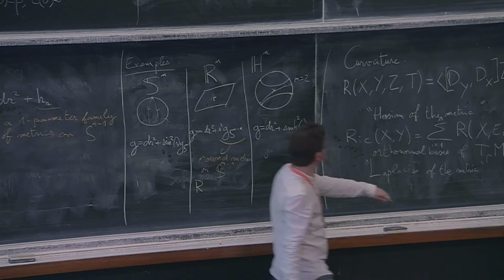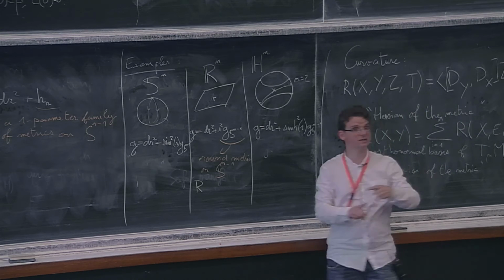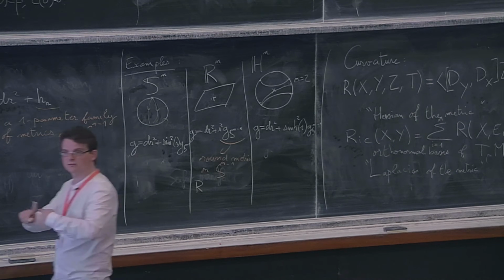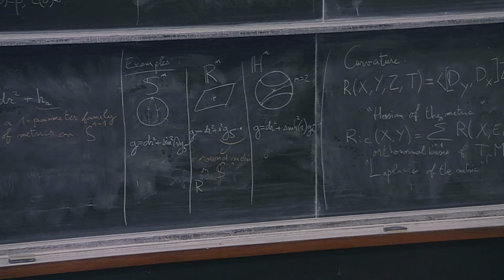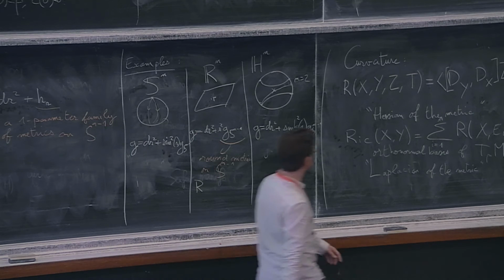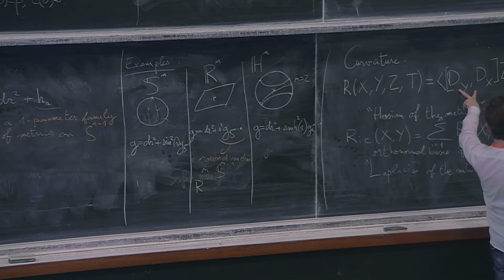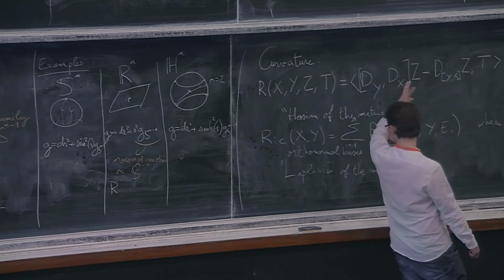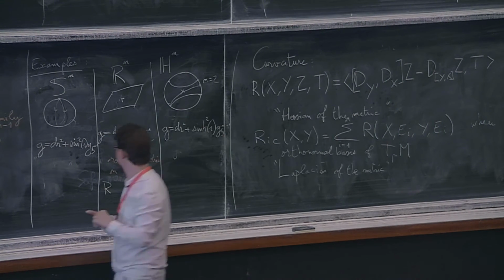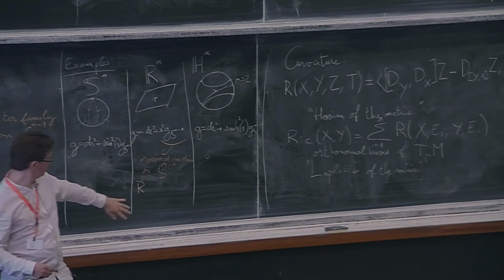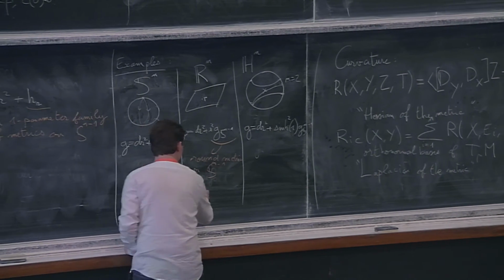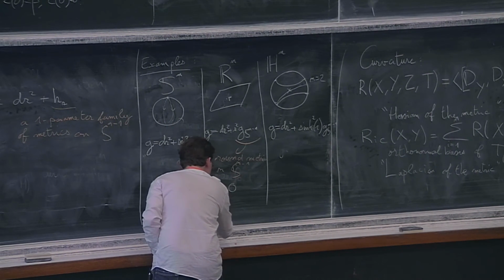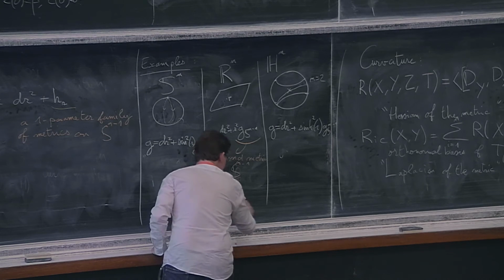The Levi-Civita connection on R^n is just the directional derivative of a vector field seen as a map from R^n to itself. And the fact that partial derivatives commute in R^n will tell you that this here has to be 0, and so that the Ricci curvature also has to be 0.